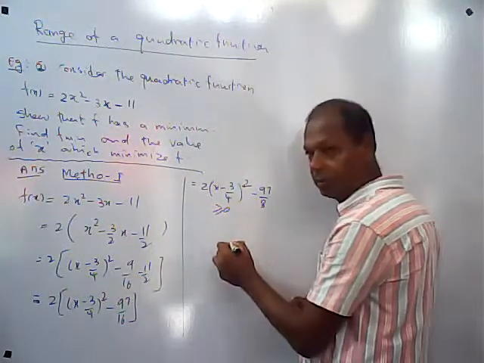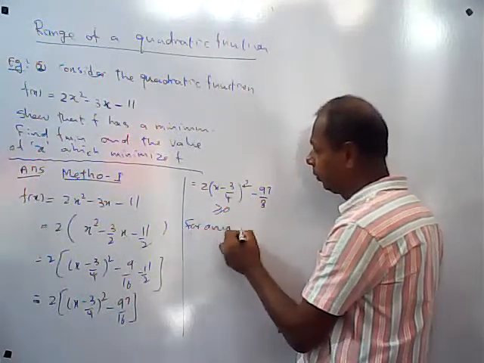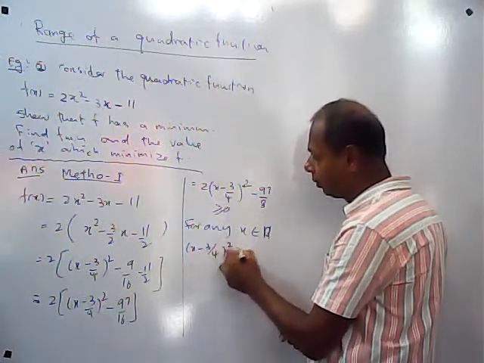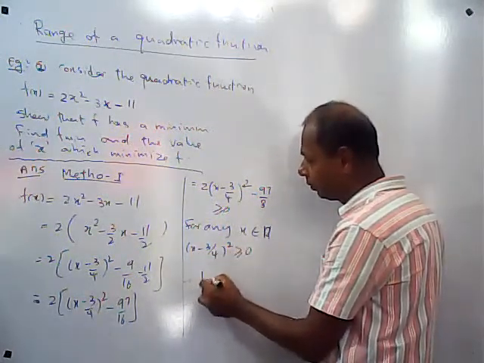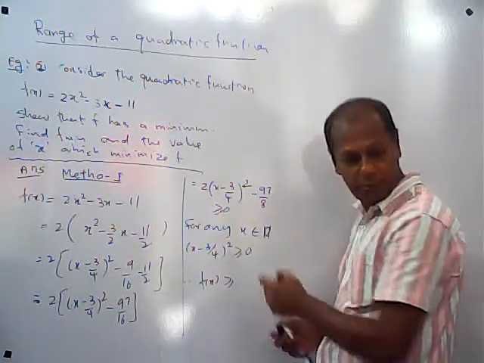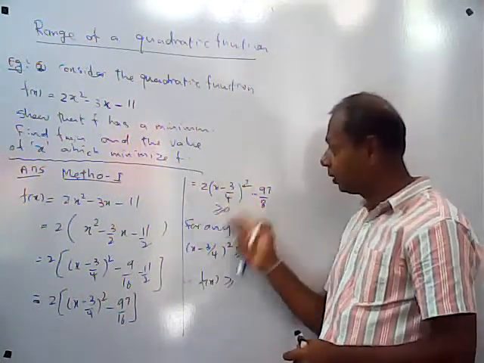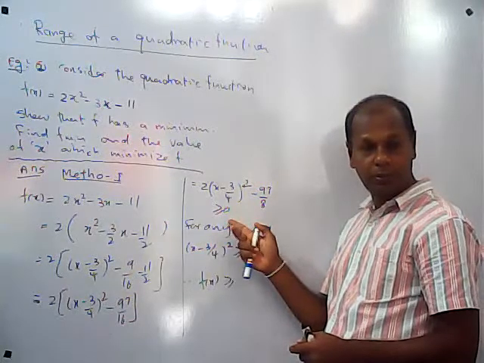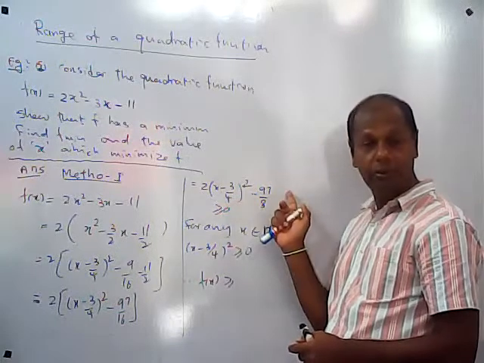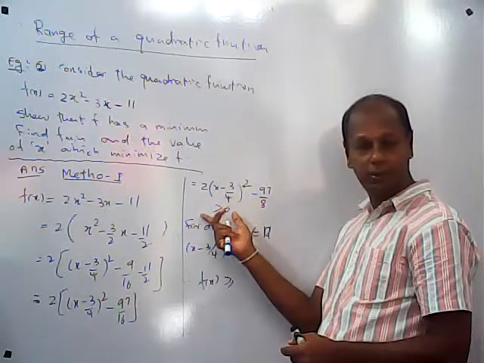This is greater than or equal to 0 for any x. For any x, x minus 3 over 4 squared is greater than or equal to 0. Therefore, f(x) is greater than or equal to minus 97 over 8, because this part is greater than or equal to 0.